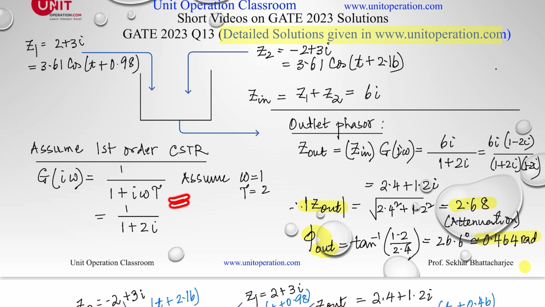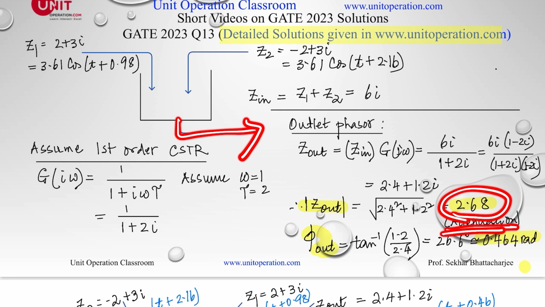Assume the first order CSTR, with omega equal to 1 and tau equal to 2. The outlet phasor would be Z in, and G of this for the CSTR is the one we have seen. We do a little bit of math and that's what we get. So Z out would be 2.68.